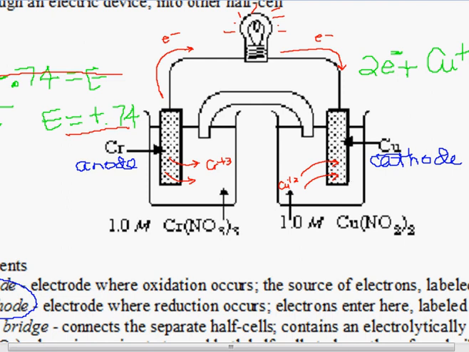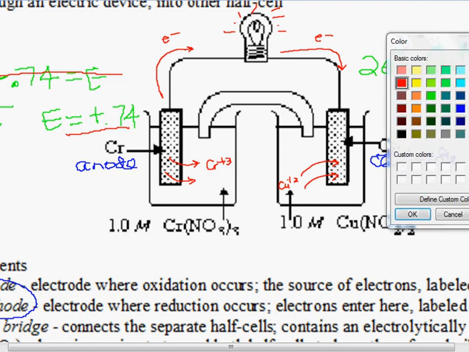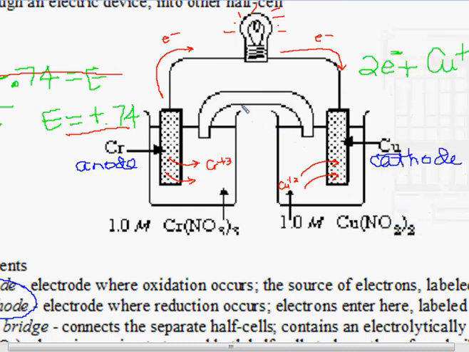Okay? And then the other thing that we want to look at is what's going on with our salt bridge. So again, your salt bridge could be anything that is neutral. You already saw that we used ammonium chloride. That's a nice neutral salt. It is neutral in the sense of redox, not necessarily neutral in the sense of acidity.